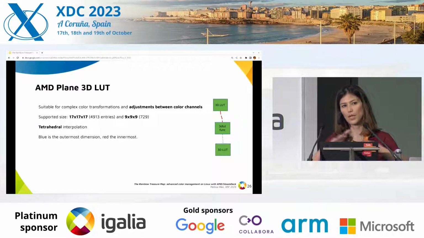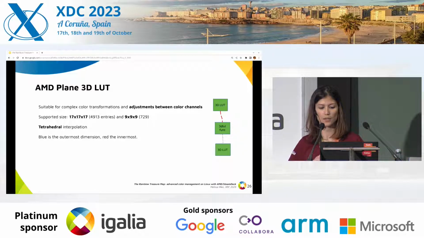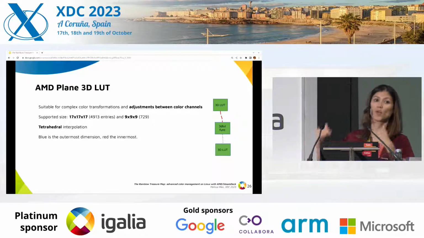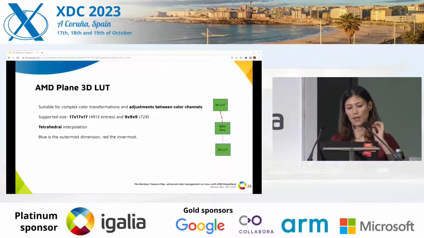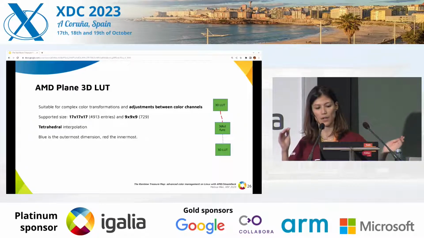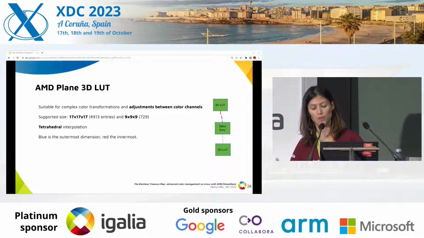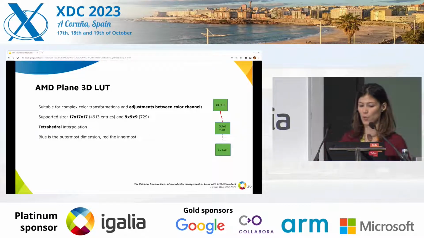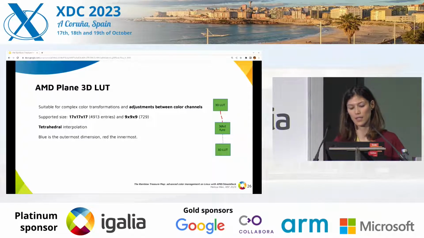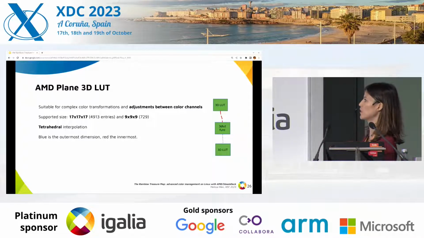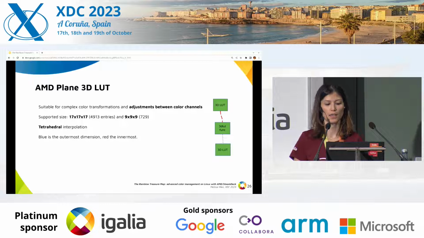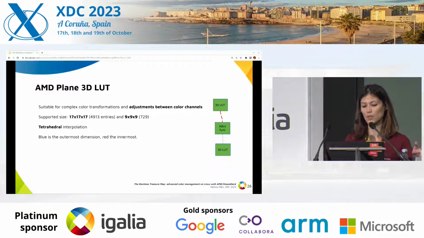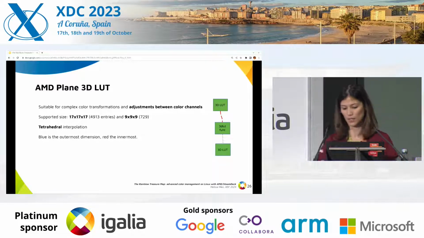An array in a 3D LUT contains samples from the approximated curve, and values between samples are estimated by tetrahedral interpolation. AMD supports 17 and 9 as the size of a single dimension, and blue is the outermost dimension and red the innermost.